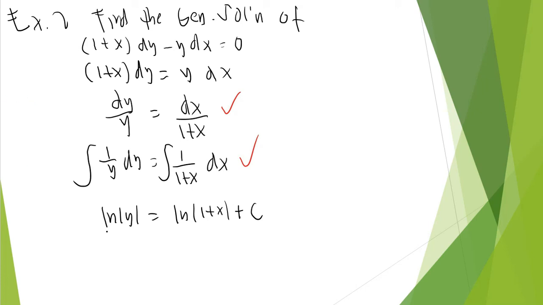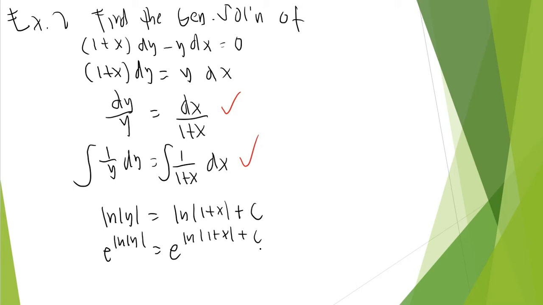To solve for y, in order to remove the ln on the left, we place an e and make the ln of the absolute value of y an exponent. And whatever we did on the left, we do the same on the right: ln of the absolute value of 1 + x plus C becomes the exponent of e.